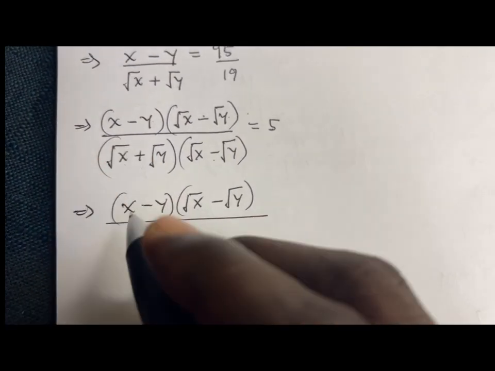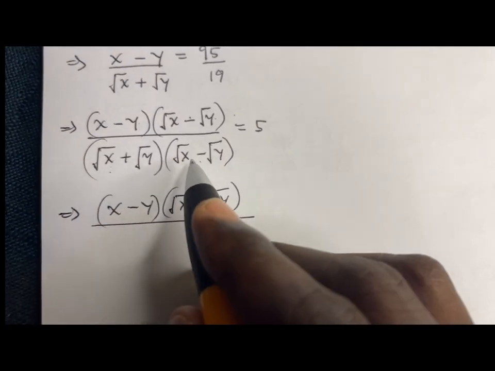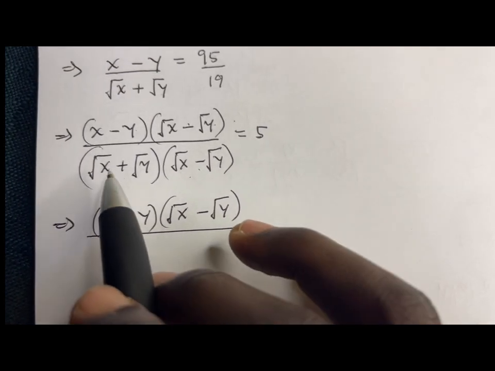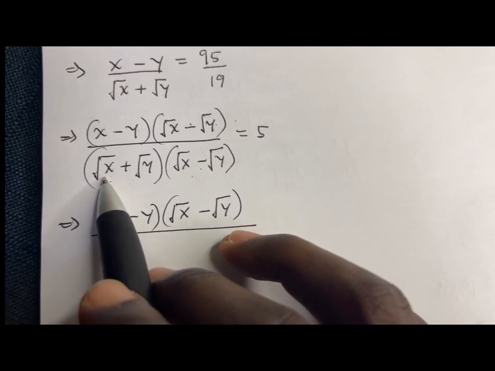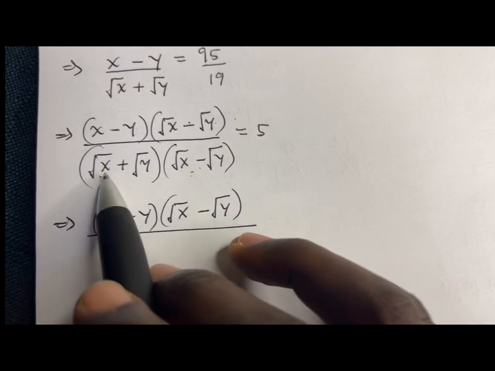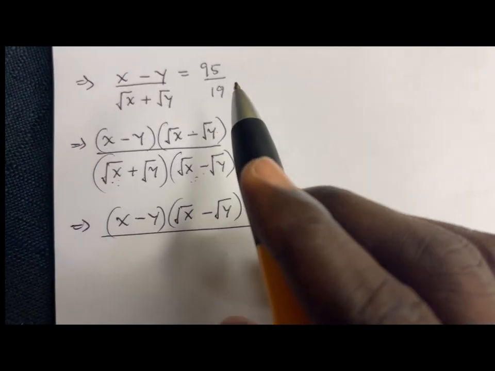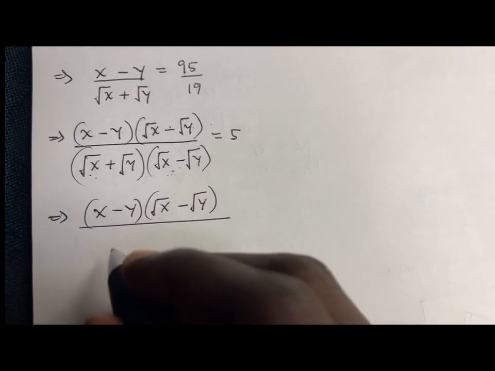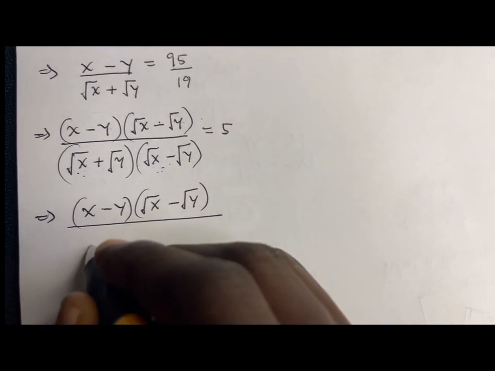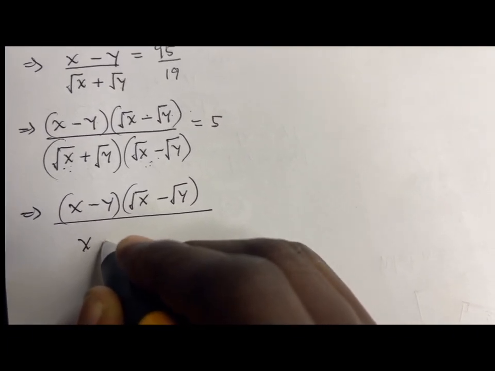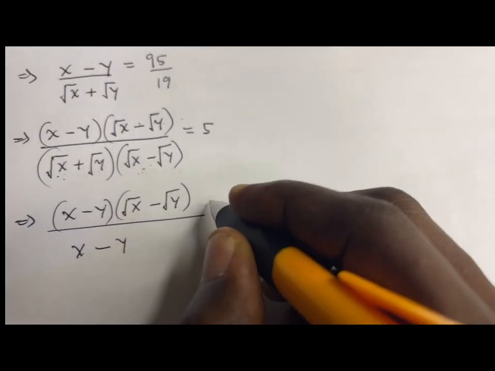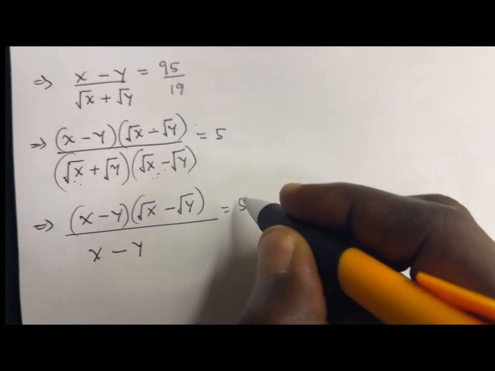We do the same thing here. Since they are conjugates, we have a difference of two squares. So we just multiply the first term with the first term: root of x times root of x minus root of y times root of y, so x minus y, equals 5.